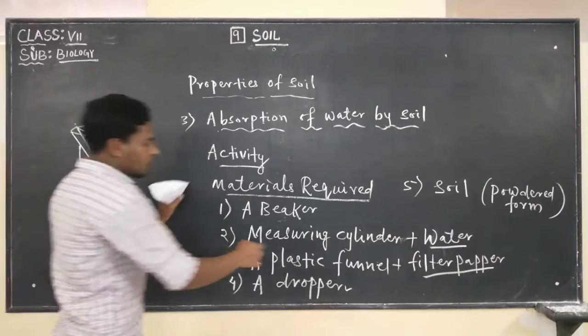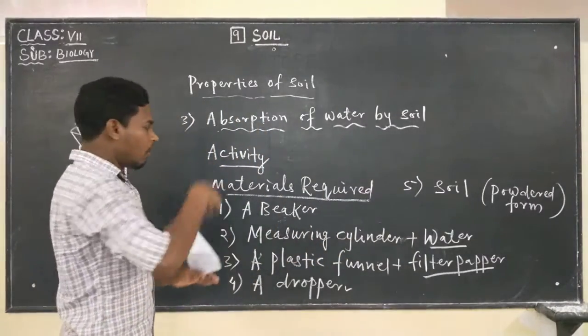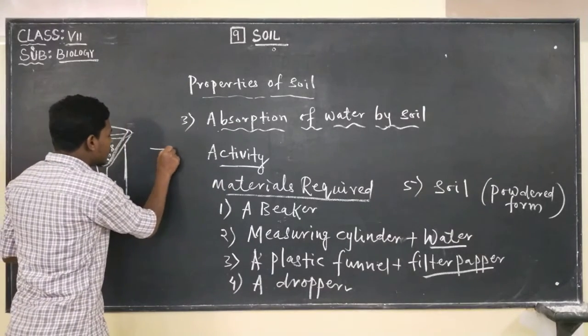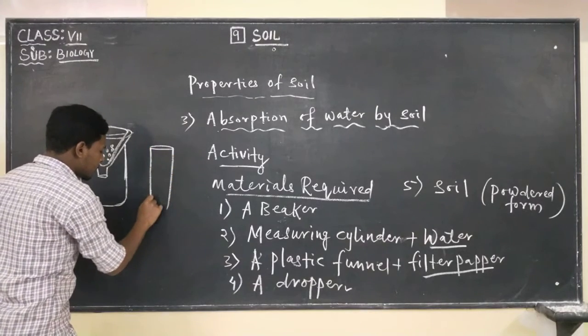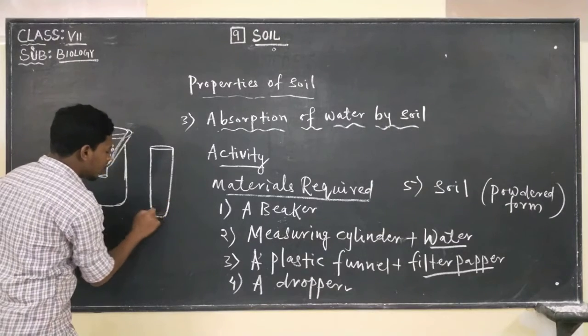Because with the measuring cylinder, when we pour, the whole water will come at a time. The measuring cylinder will be like this, just like a test tube but longer.